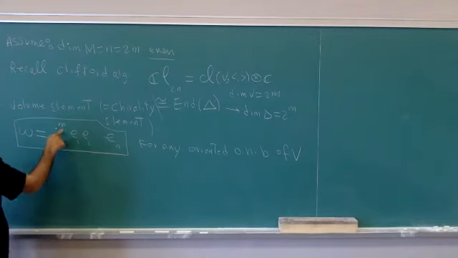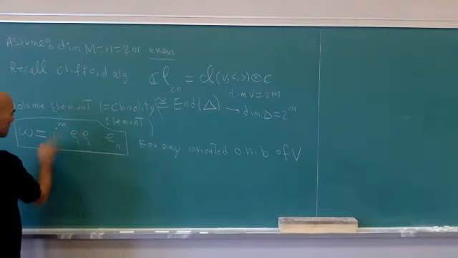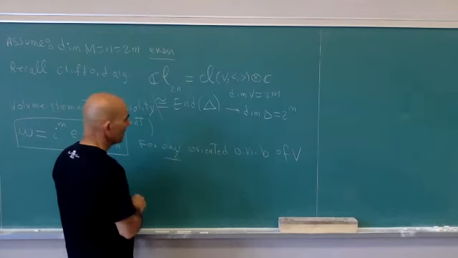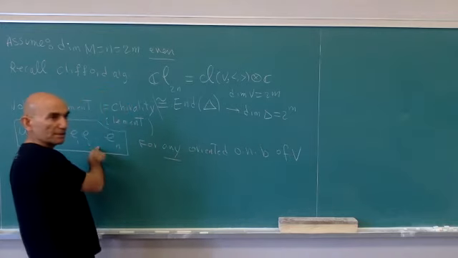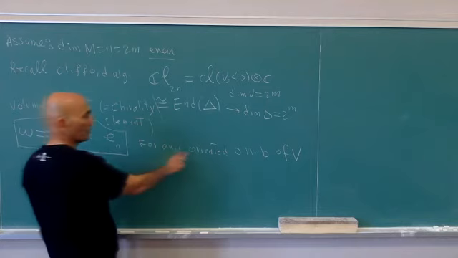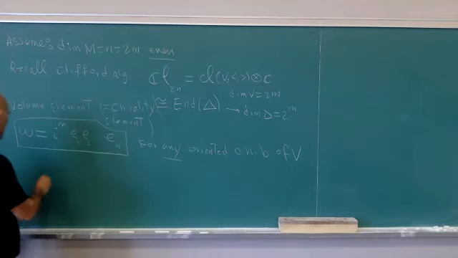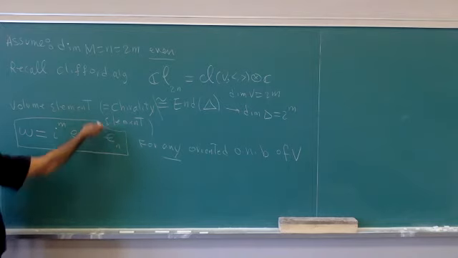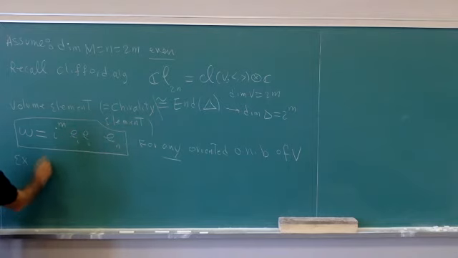This i to the m, of course, is just a convenient factor that does not play a big role. But we define an element, and now I'm saying for any basis, so you better check that this element is independent of the choice of oriented orthonormal basis. So this is an exercise, a pure linear algebra exercise, a good exercise.